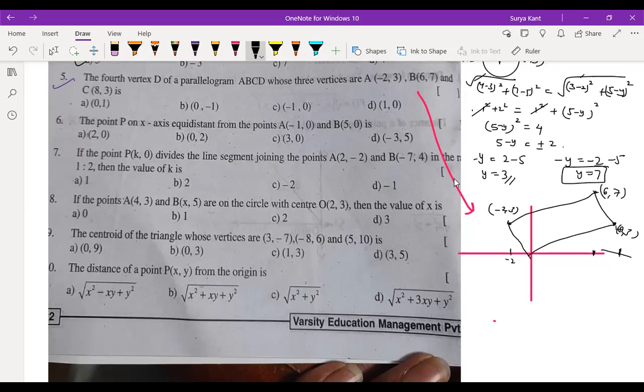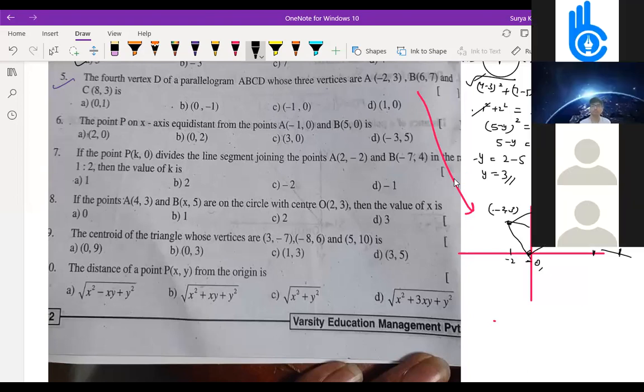So this side you are moving 2. So −2 plus 2 will come 0. And how much up you are moving here? 4 you are moving up. So it will be −1 that will come. So (0, −1). Understood?